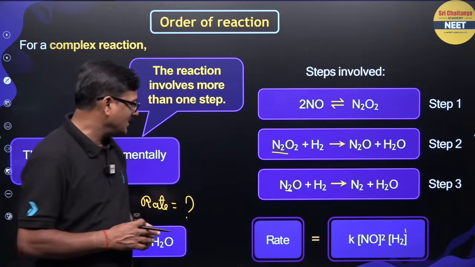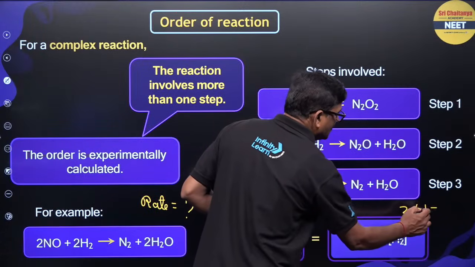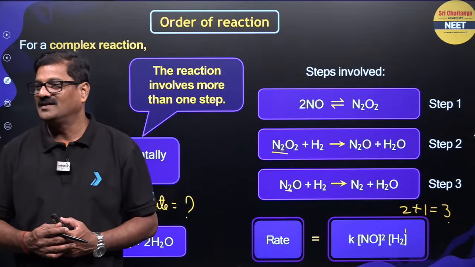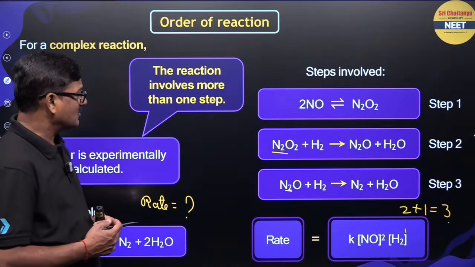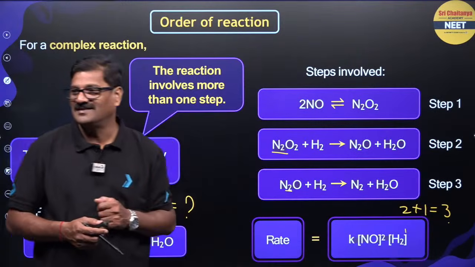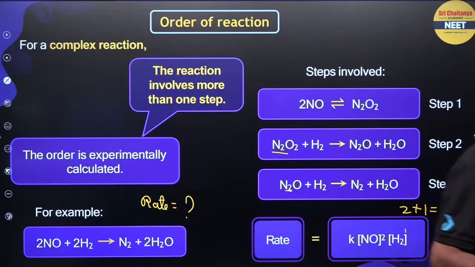So here, I want to say 2 plus 1 is going to be 3, the order of a reaction. थर्ड स्टेप में रिएक्टेंट का ऑक्सीजन कहाँ गया, N2O है ना, H2O बन गया ना. फाइन, दैट इज वेरी इंपॉर्टेंट. क्लियर बेटा?